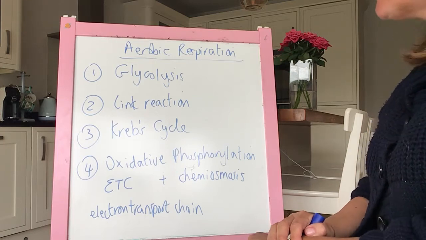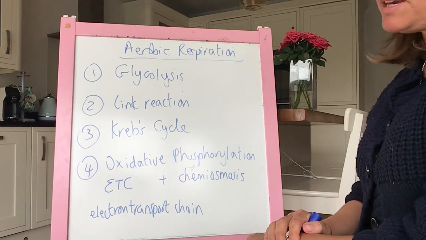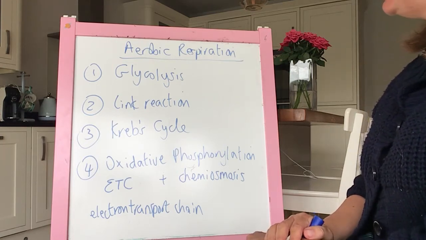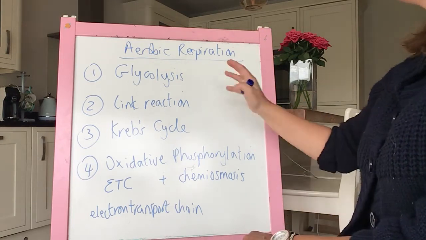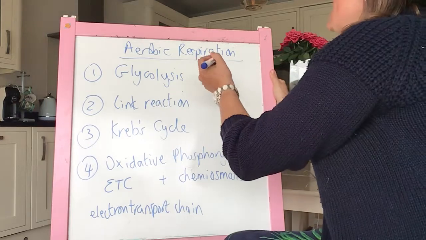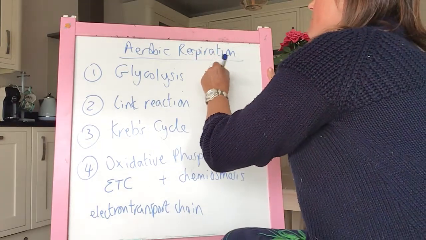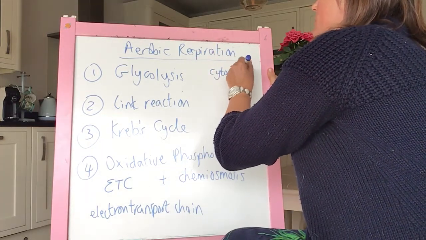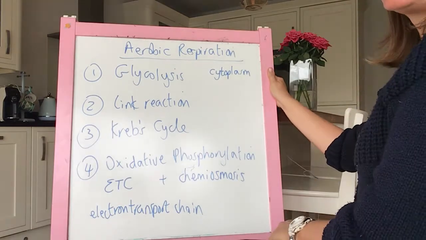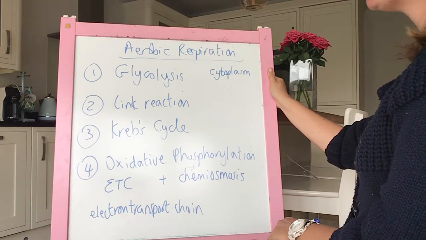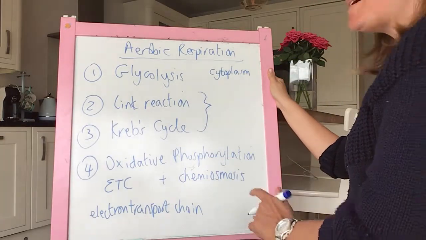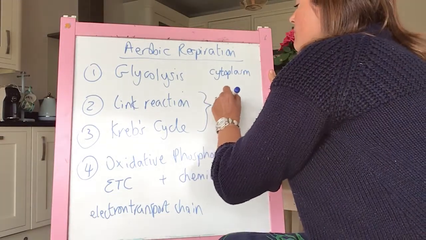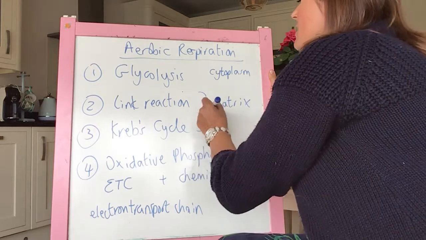Okay? Now, the other thing I want you to learn from me by the next time I see you is where these 4 stages actually happen. Glycolysis happens in the cytoplasm of the cell, okay? The link reaction and the Krebs cycle, they both occur in the matrix, the jelly, in the centre of the mitochondria.